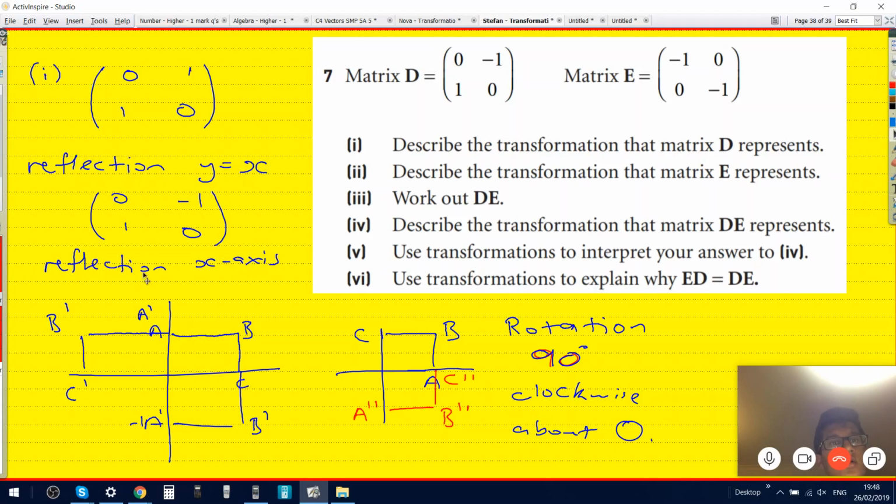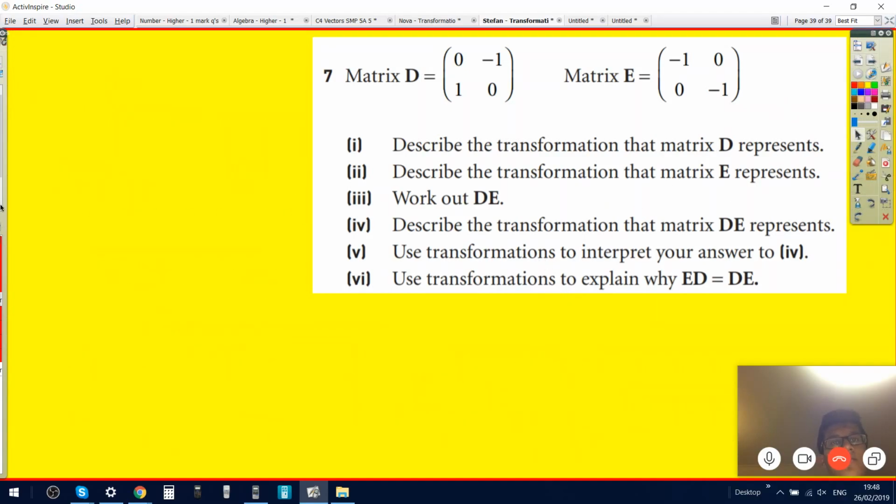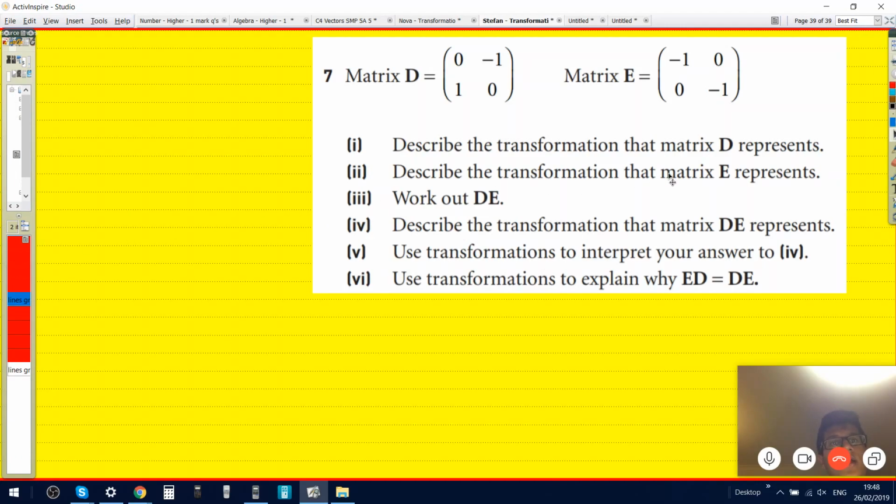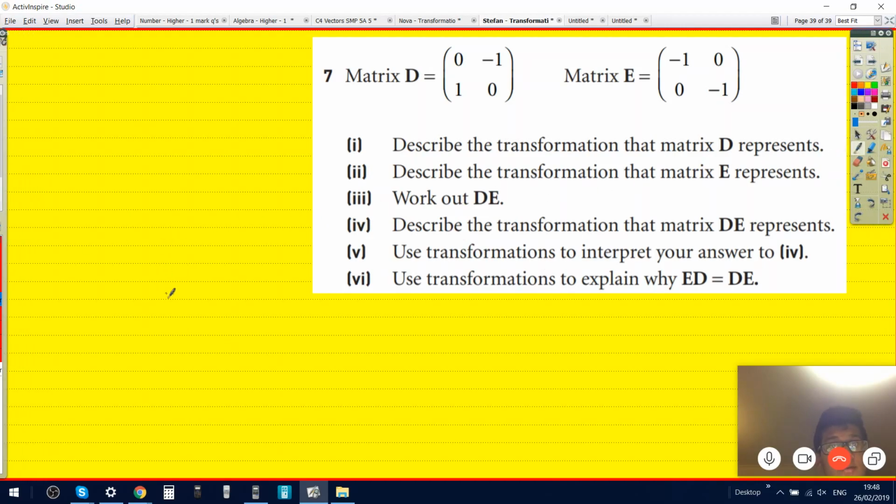Reflection in y equals x, then a reflection in the x-axis is a rotation 90 degrees clockwise about O. Oh, sorry. And then E, 1, 0, 0, -1. So that means that it's a unit square, but the 1 becomes 1, 0, 0, 1.